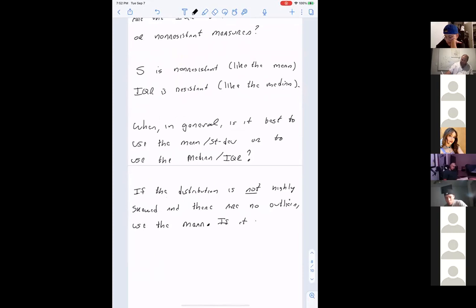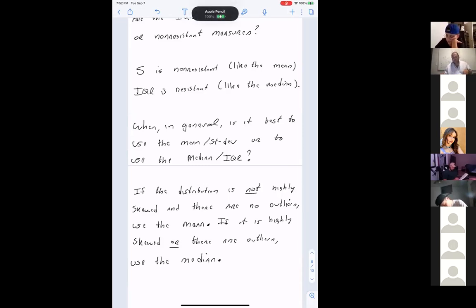If it is highly skewed or there are outliers, use the median. That gives you a general rule of thumb for when to use each one.